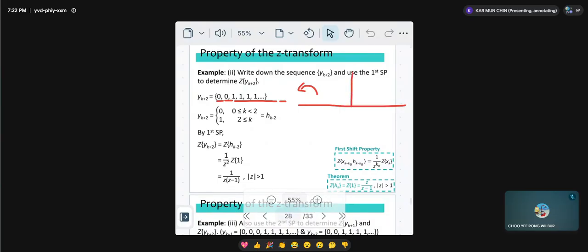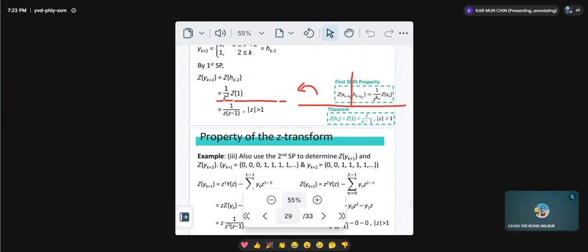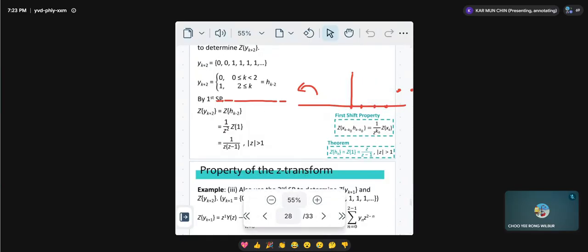So this was the original one. Before this, it should be 0, 0, 0, 0, and then start with 1, 1, and so on. So this is the previous sequence.